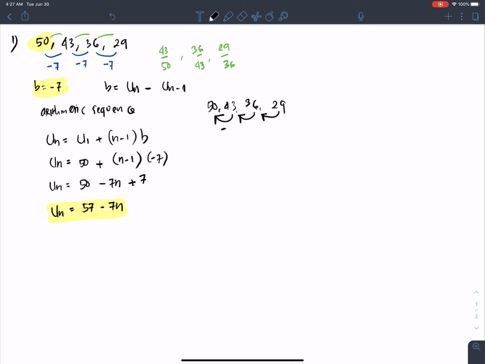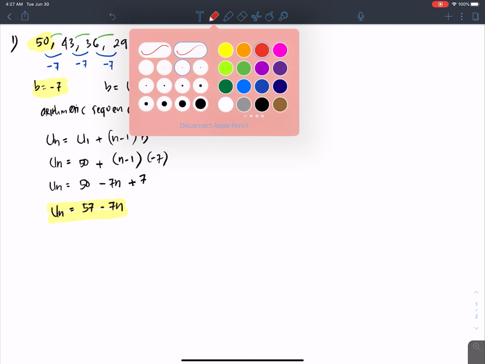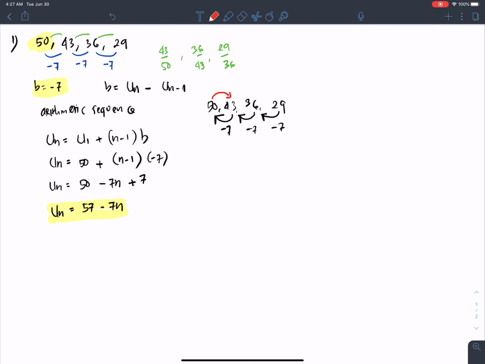That is why we got minus 7, minus 7, minus 7. So it is not 50 minus 43 or 43 minus 36 and 36 minus 29. This is wrong. It must be the next term minus the previous term.